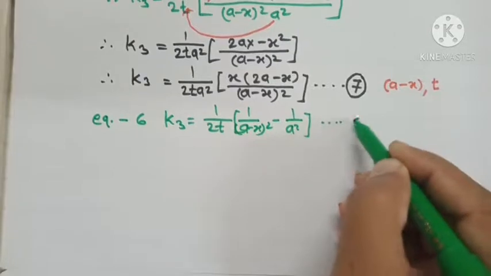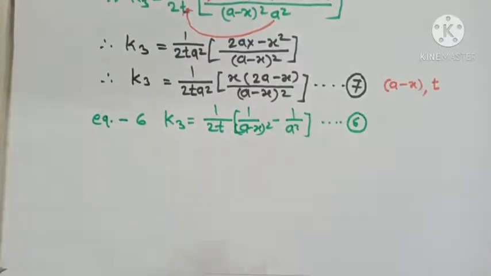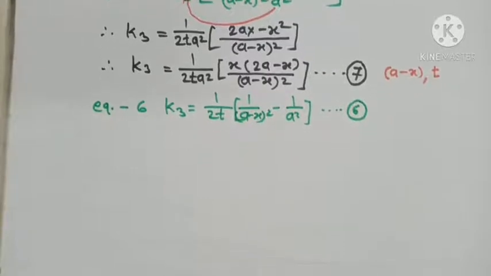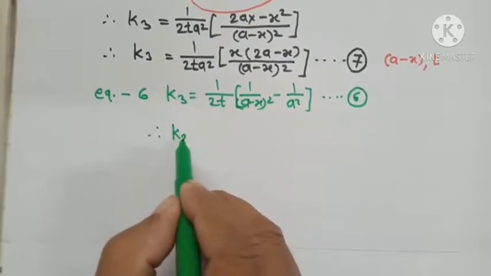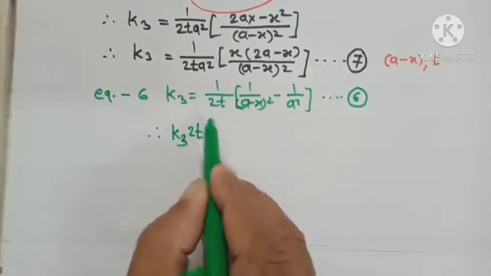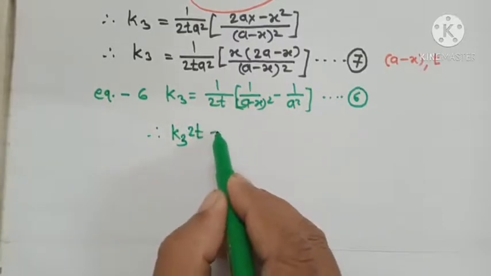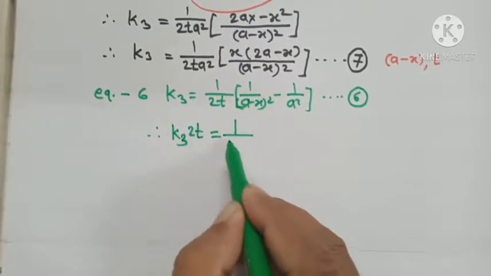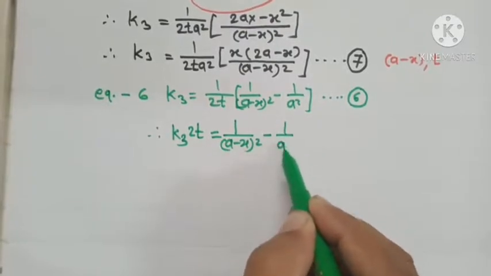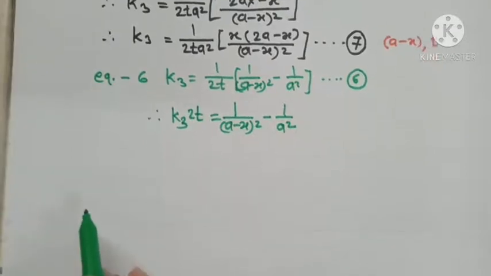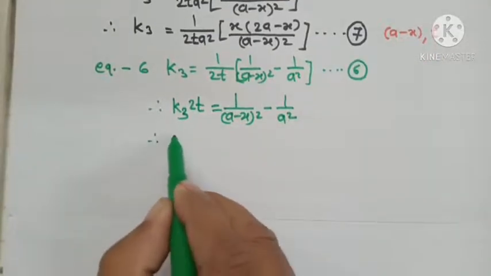From this equation number 6 we will derive the graphical representation for the third order reaction. So we will rearrange equation number 6. Therefore K3 multiplied by twice t, this twice t taken on the left hand side, is equal to 1 upon a minus x square minus 1 upon a square.